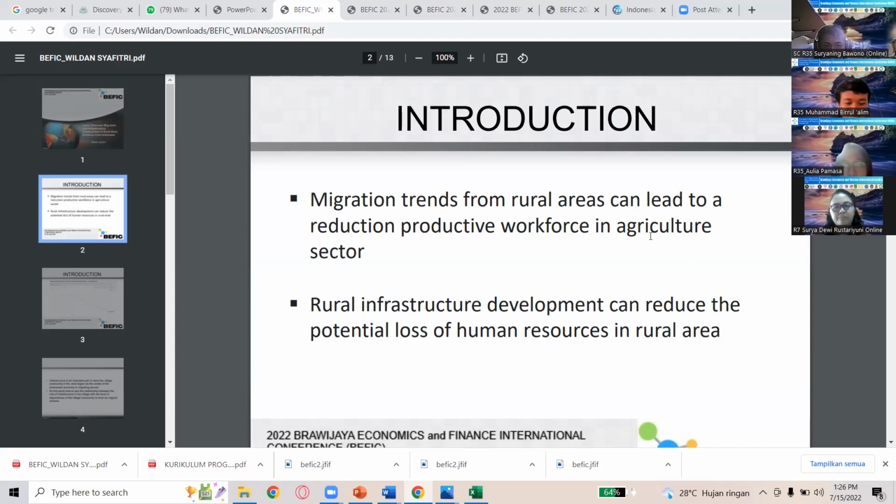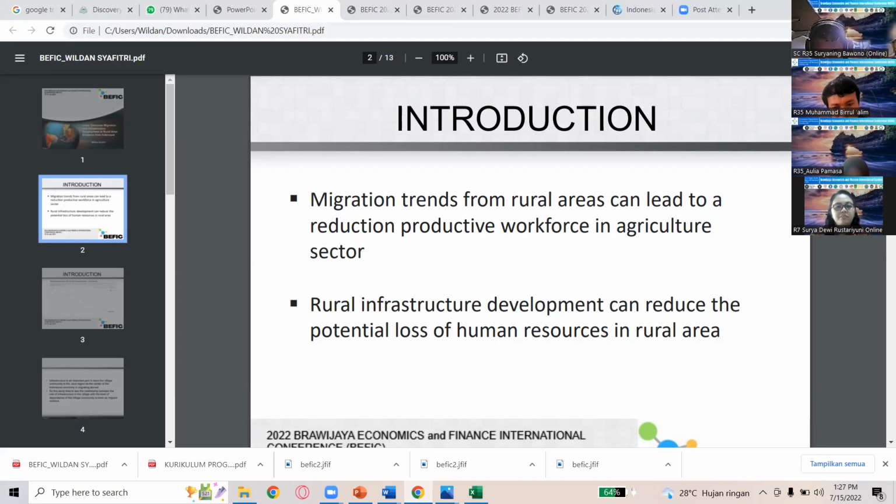Because the migration trend from rural areas can lead to a reduction of the productive workforce in the agriculture sector. Agriculture is one of the main sectors contributing to GDP in Indonesia. Also, most people in Indonesia work in agriculture, but we still have a problem in rural infrastructure development.